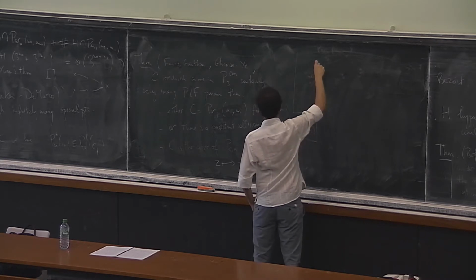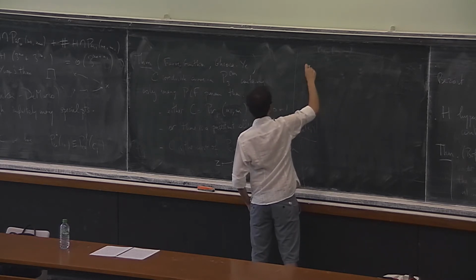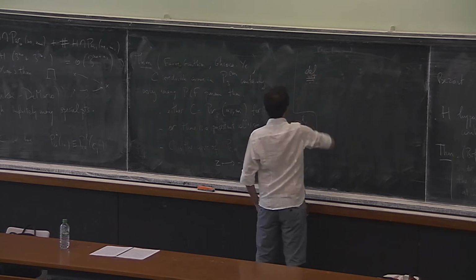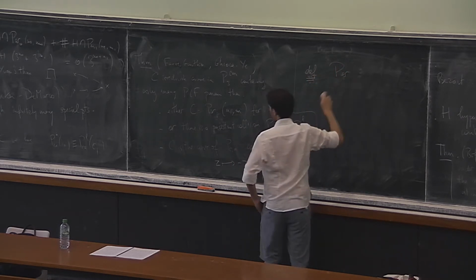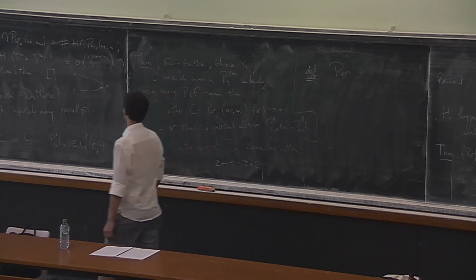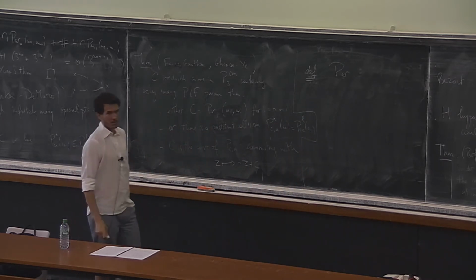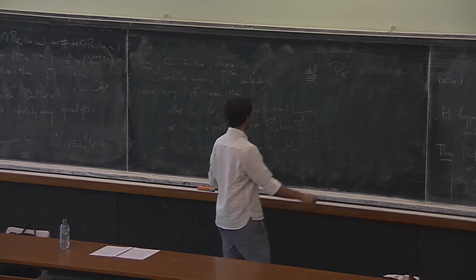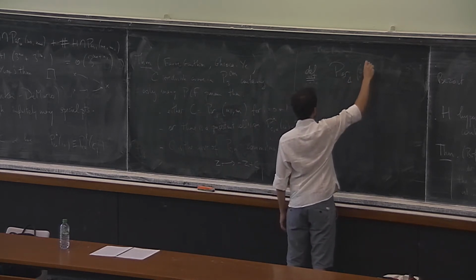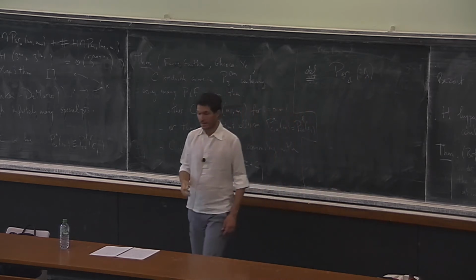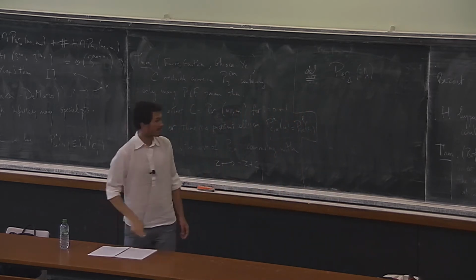So I will define, so definition, Per_1(lambda) is the curve in parameter space.